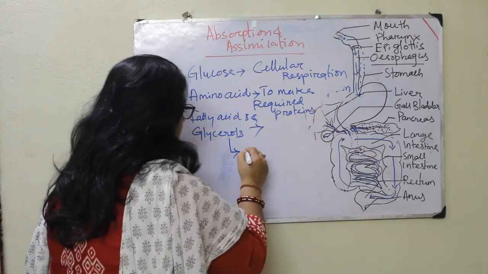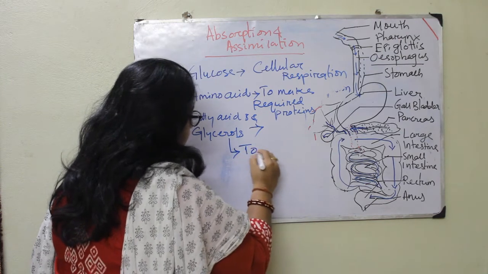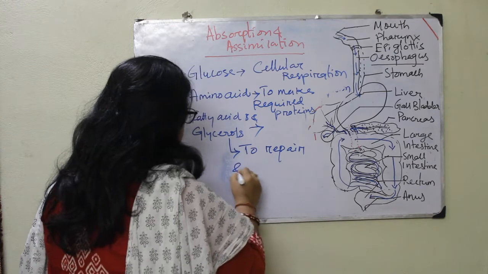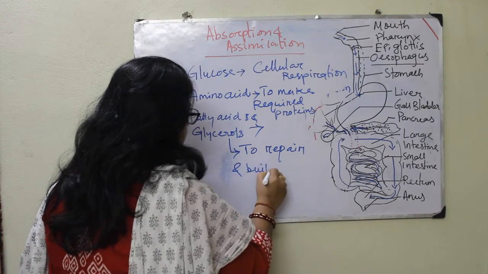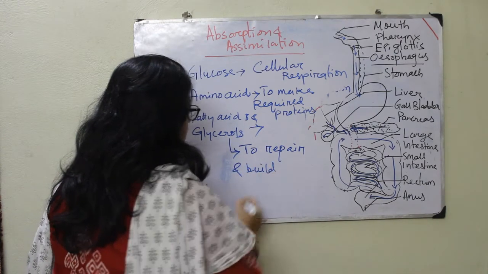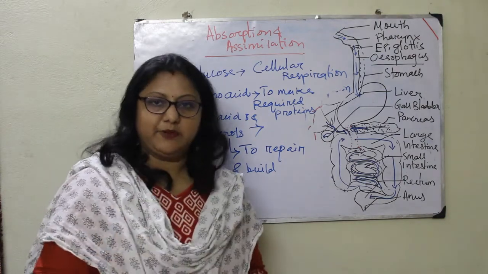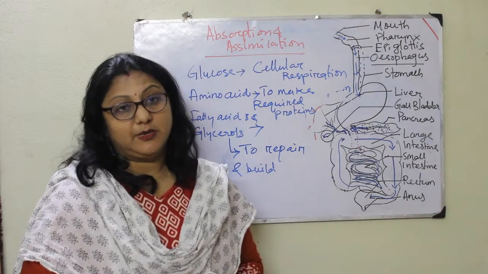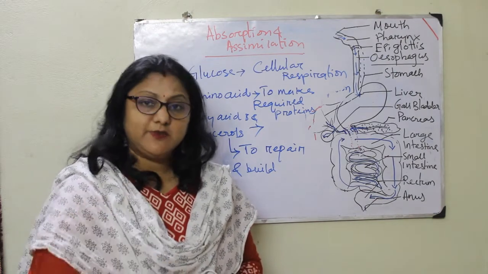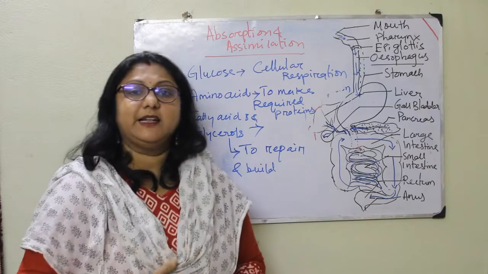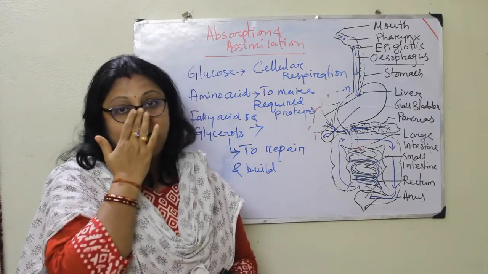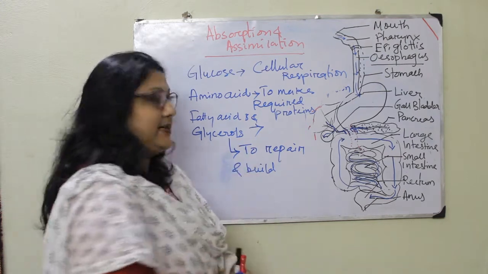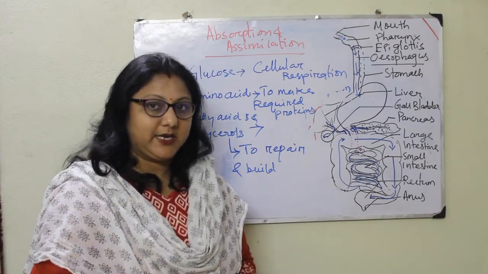Fatty acid and glycerol are used to repair and build different parts of the body. Fatty acids can also sometimes store energy. They can be converted into carbohydrate molecules, and they can also provide the energy requirement of our body. Now for the amino acids, how do they actually build our body?